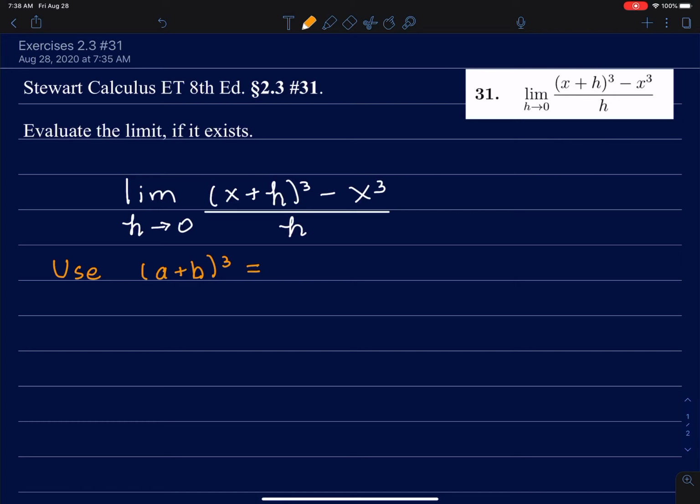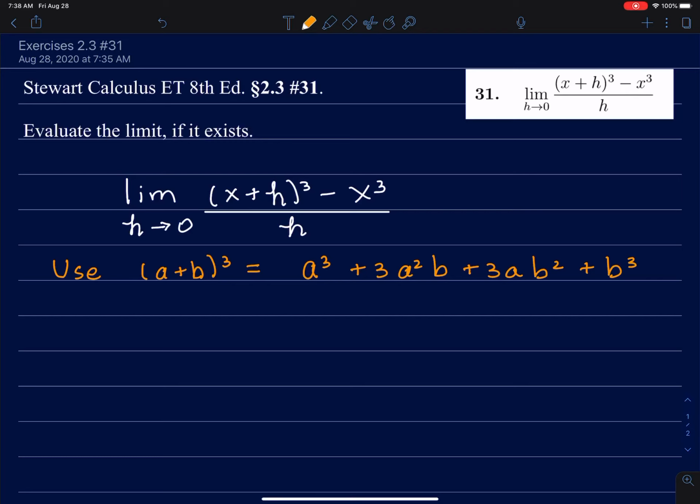Now, that formula is a plus b to the third power is a to the third, plus 3a squared b plus 3a b squared plus b to the third power.